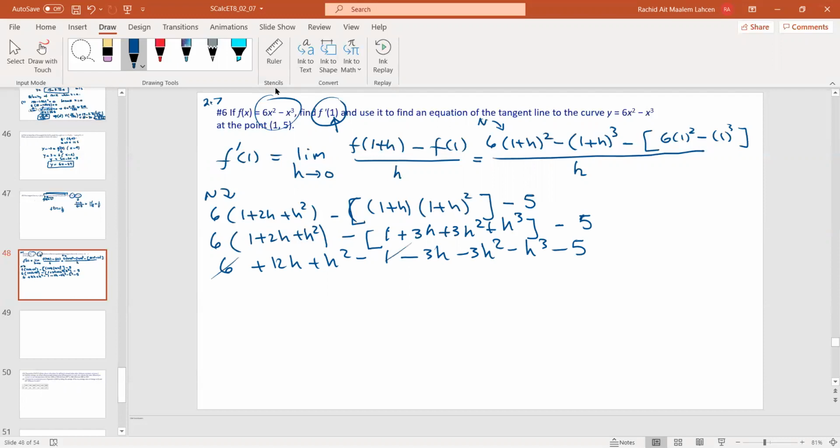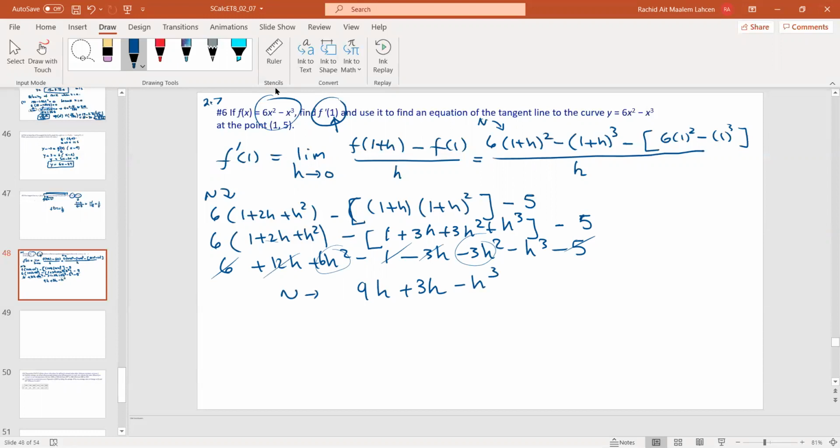All right, so the 5, 12h and minus 3h, so 9h, and h squared, this is a 6, a 6 minus 3 gives us a 3, and minus h cubed.